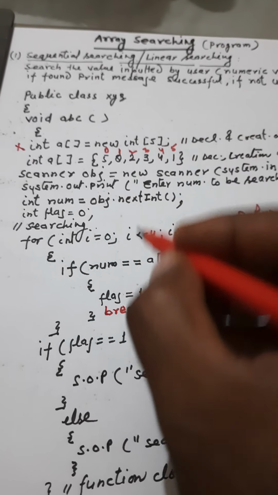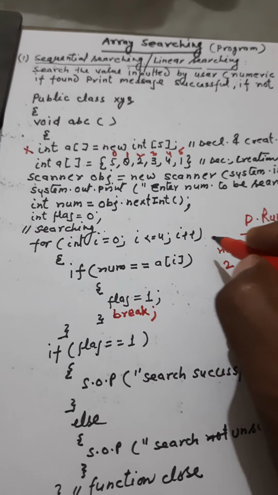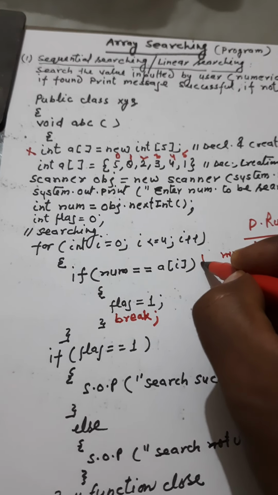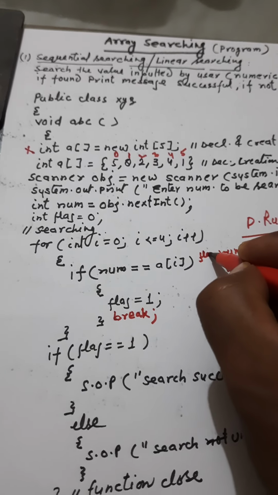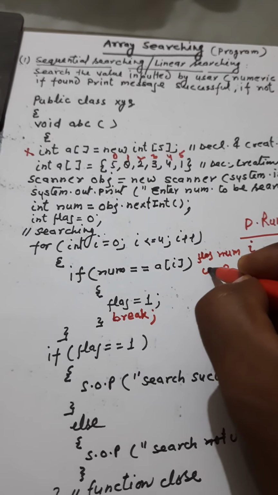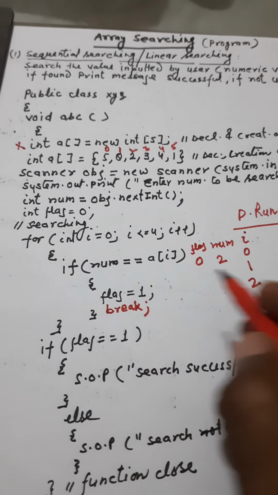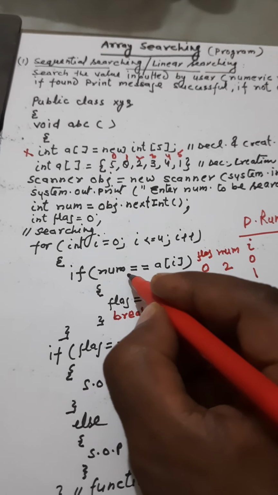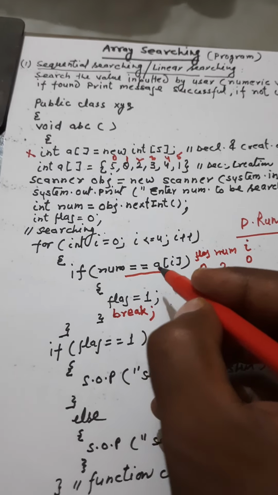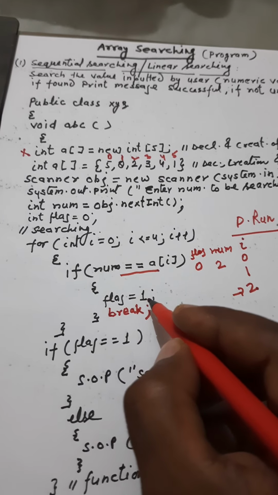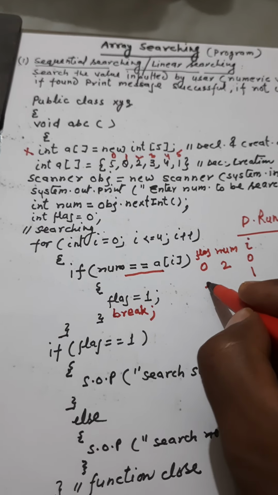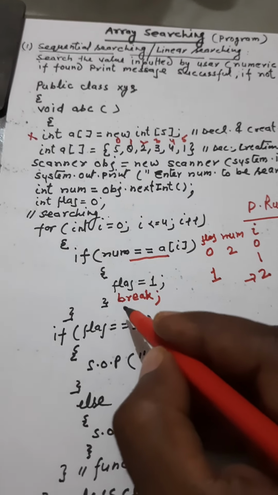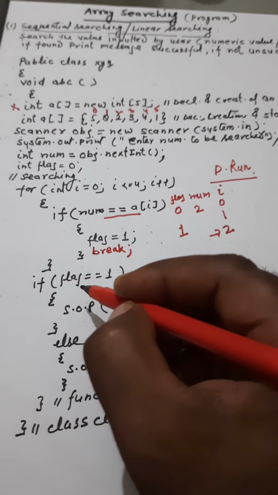Yes. So as soon as we get it, because initially flag was 0, at this point we got the value. When this condition is satisfied, flag becomes 1. Flag has become 1. Break means we will exit from the loop.